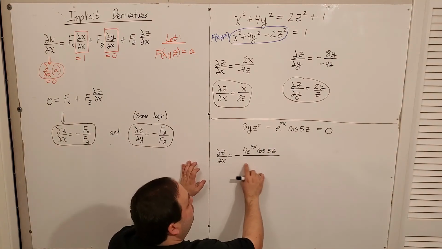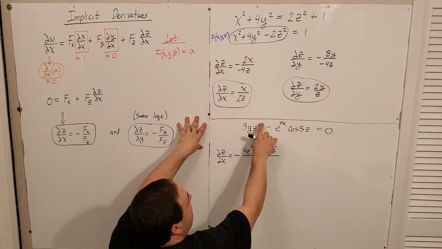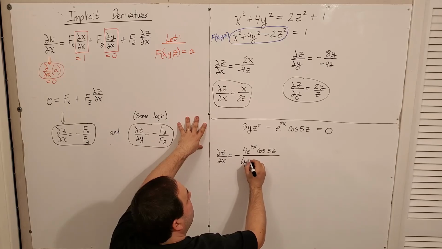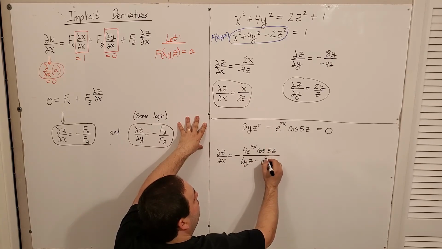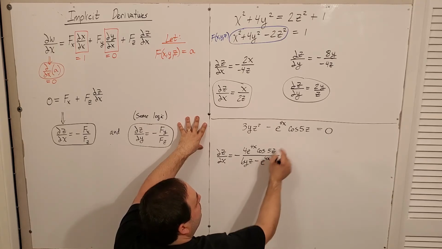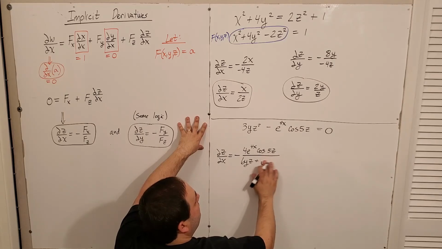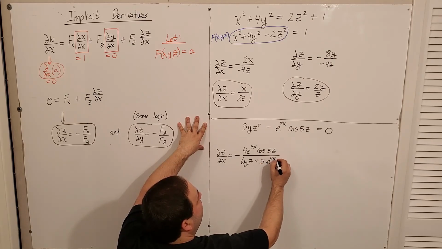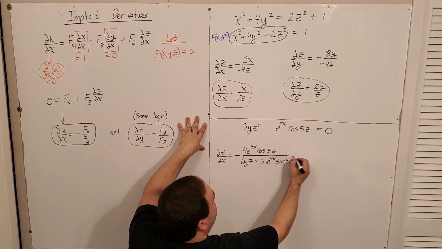And then I just need to do the partial with respect to z. Okay, so in this case that would just be 6yz minus e to the 4x. So derivative of cosine is going to be plus, let me rewrite this, 5e to the 4x sine 5z, right?